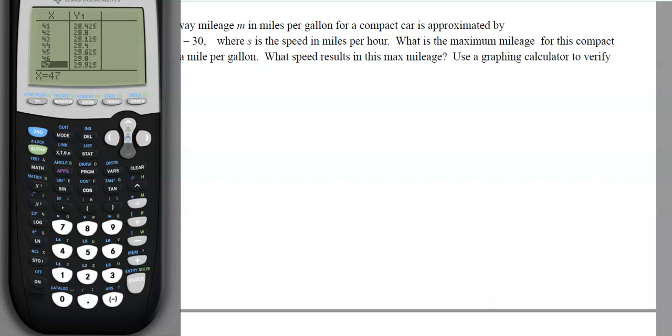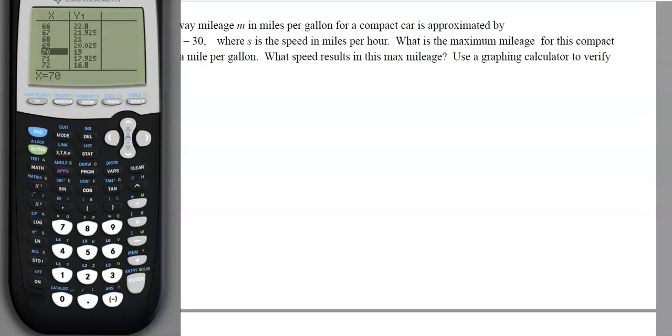Getting better, 29.95. We're at 30.025, our highest point. See right there? We got up to 30.025, and now we start dropping again. Our y values start coming back down, coming back down. If you're doing the speed limit on the highway of 70, you're back down to 19 miles per gallon.